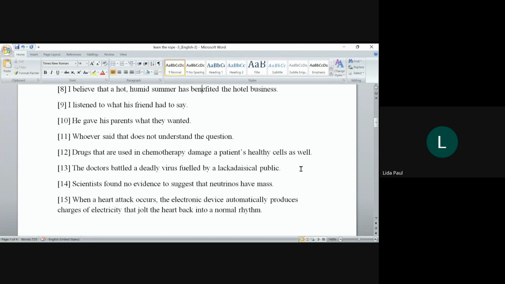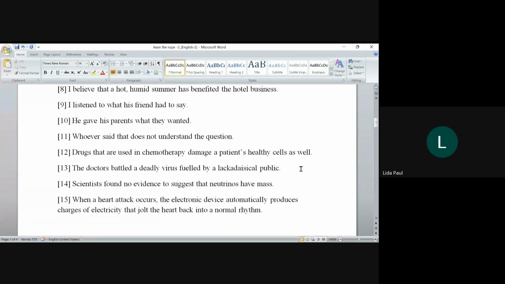Subject of the sentence is scientists, right? Verb is found, the past form of the verb find, right? So find is your verb.